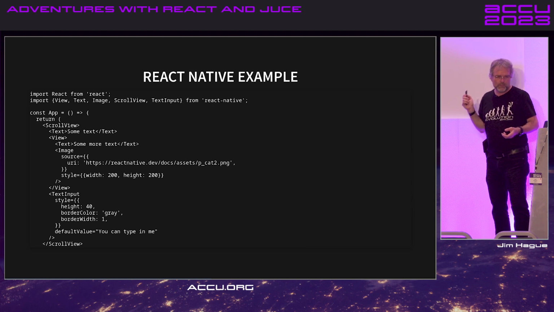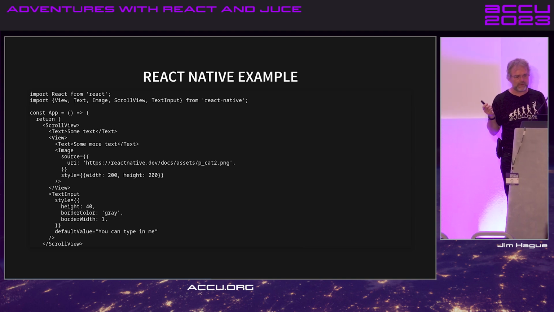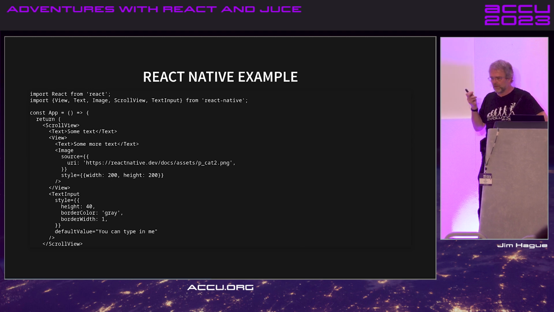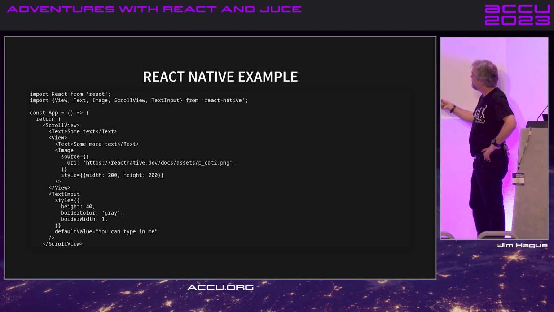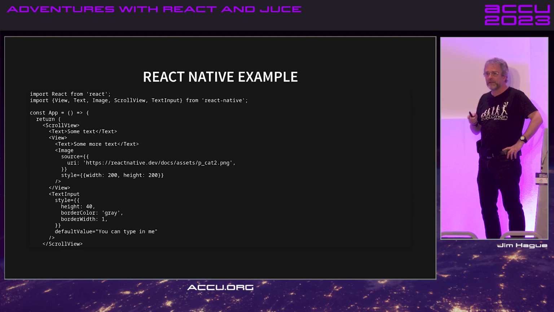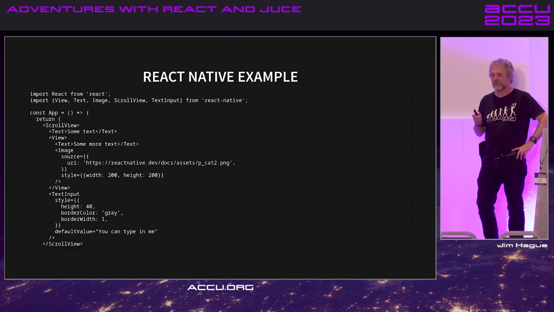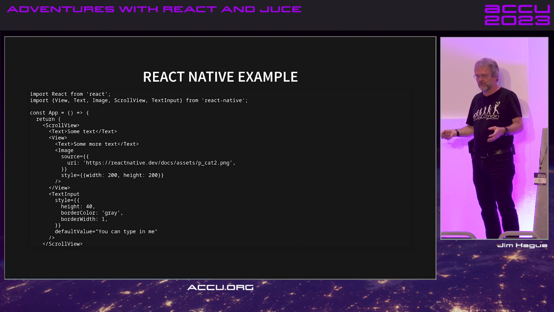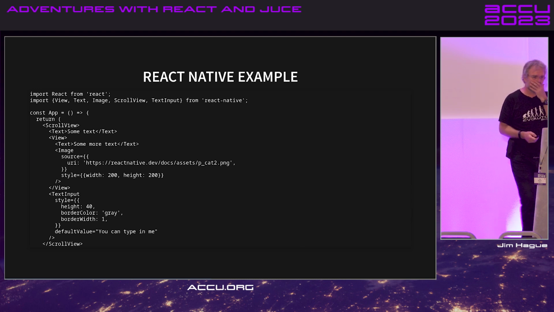I'm not going to talk any more about React Native at this point, but just stress again, this bit here, importing React. React Native uses the same core engine as React DOM, and it's this core engine that is running through the generation process, calling the reconciler, and so on.